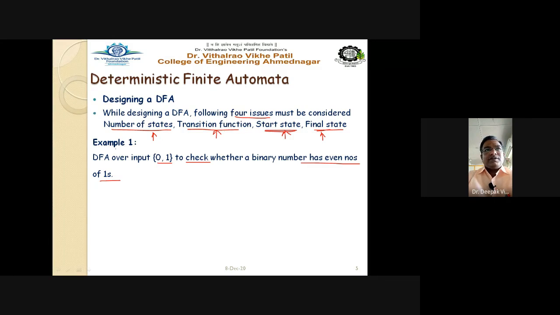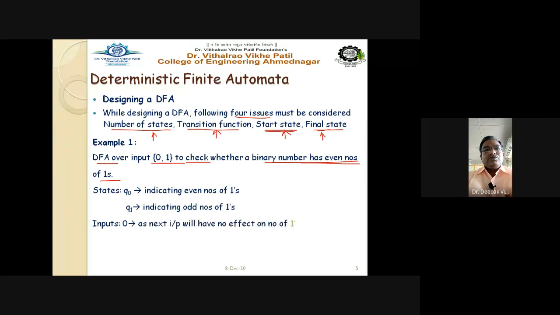So let us see this example. Design a DFA over input alphabet 0, 1 that checks whether a binary number has an even number of ones. First we have to find out the number of states. Only 2 states are possible.